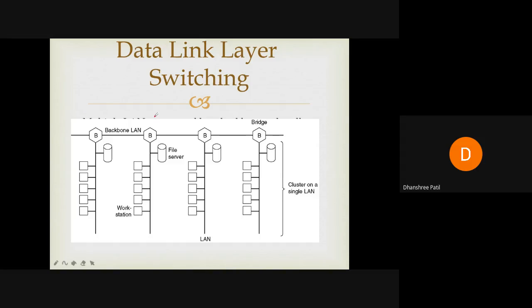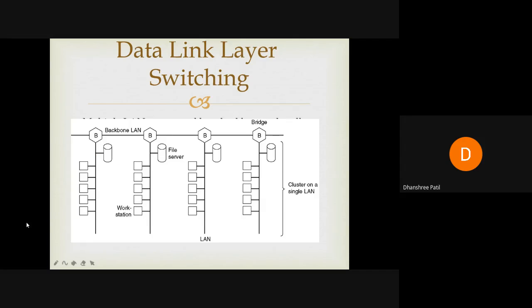Each LAN, in the case of the bridges, this is one LAN, this is one, and this is one. Each LAN contains a cluster of workstations, that is a group of workstations, with its own file server. This file server is used so that most of the traffic is restricted to a single LAN.